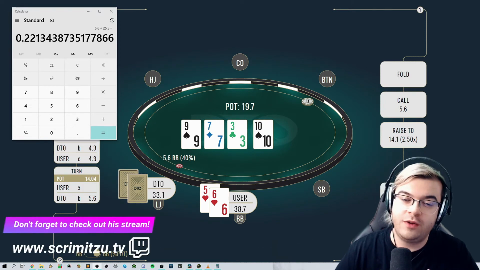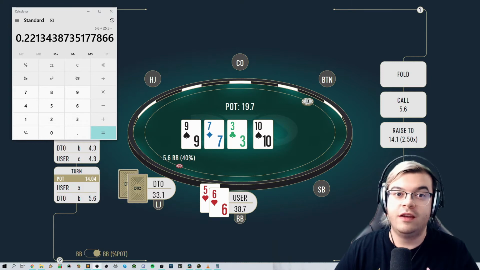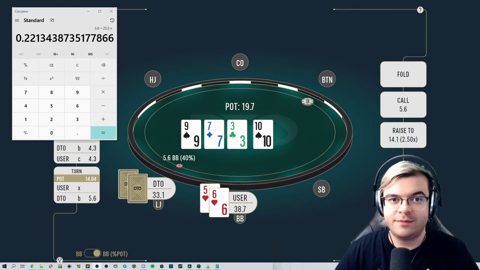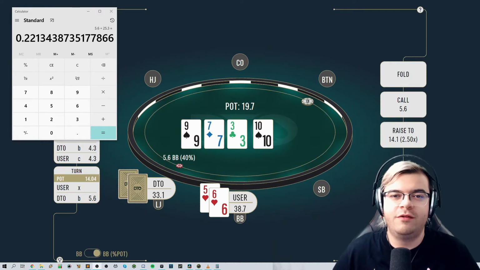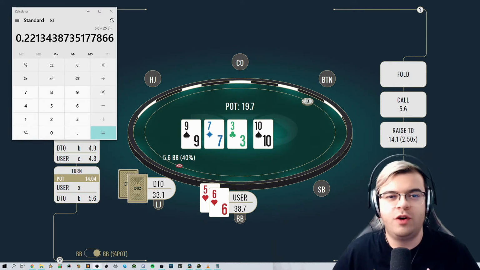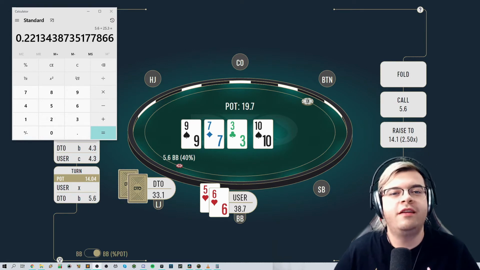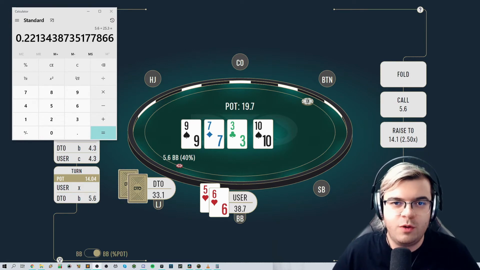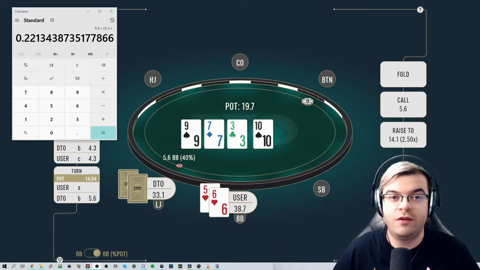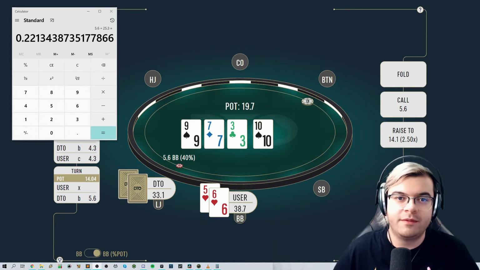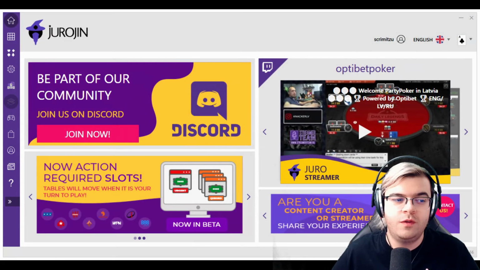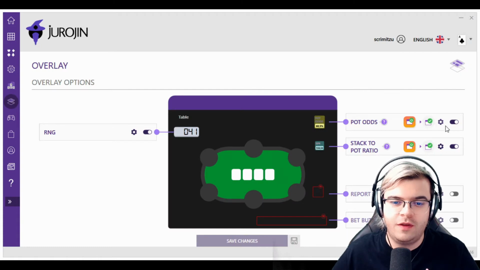If you're under 22%, that will be negative EV, which means that you are losing money in the long run. You don't really have to be afraid of this math, because you don't have to do it in your head. You can activate an option in Jurojin and it will show you pot odds for every situation on every table that you play. In Jurojin, go to the overlay options and enable pot odds for every table.